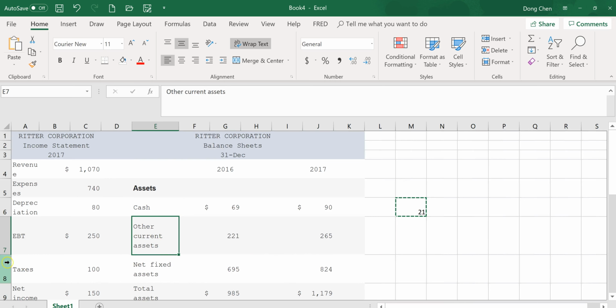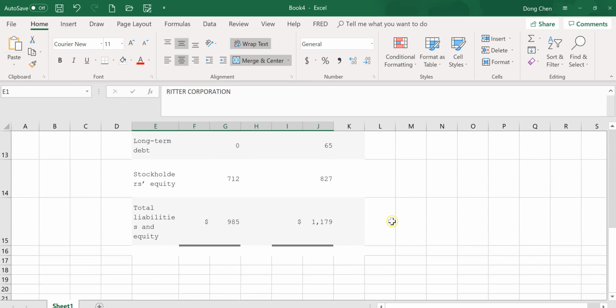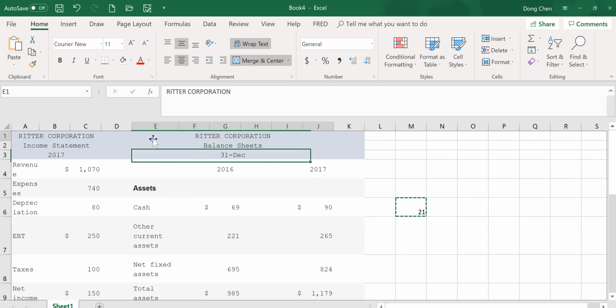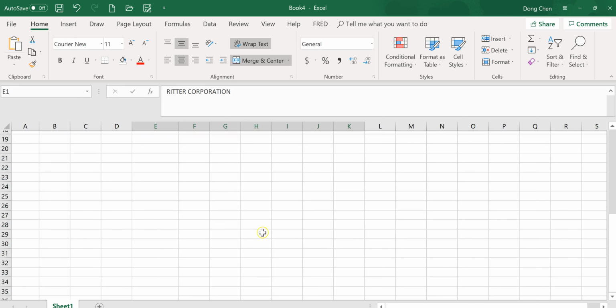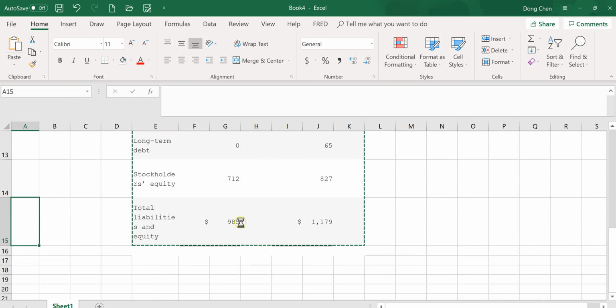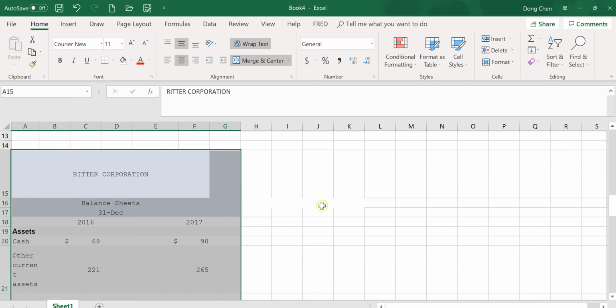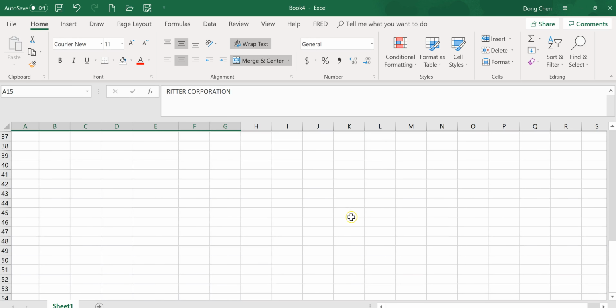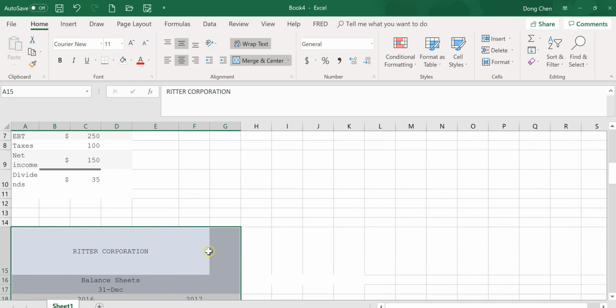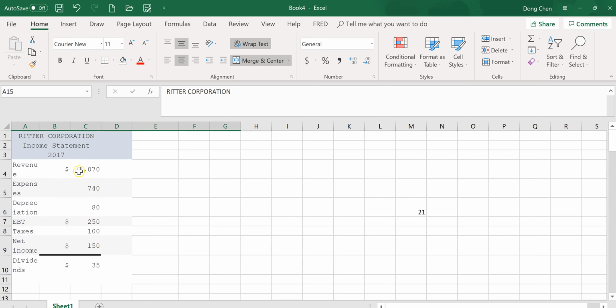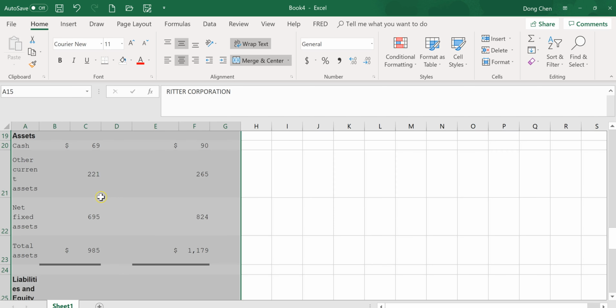And to do that, why don't I copy the numbers here? Because I don't want the calculations done on the balance sheet to affect the income statement. That's why I want to operate the calculations here.